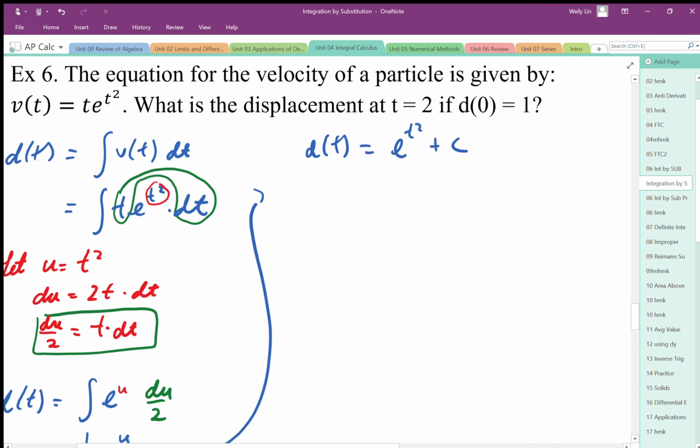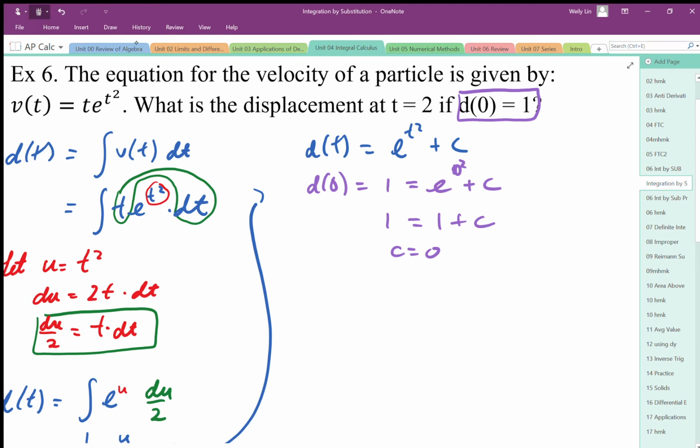So I've got my d of t function, but now I need to solve for the plus c. In this case, I'm going to use my d of 0 equals 1. If d of 0 equals 1, that means e to the 0 squared plus c equals 1, which means that 1 equals 1 plus c, so c equals 0.